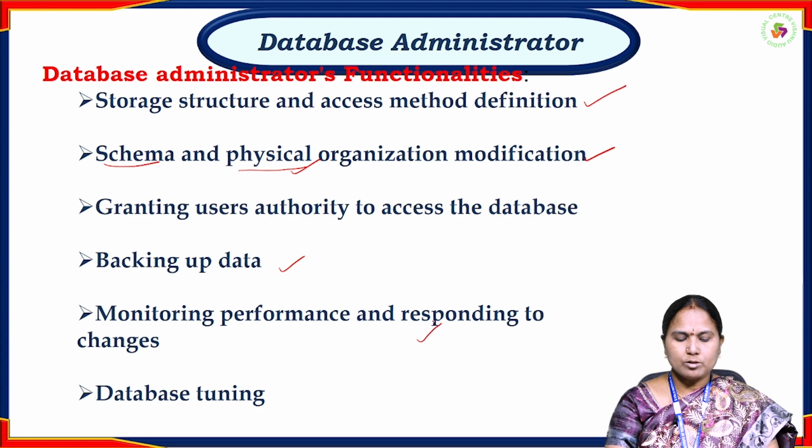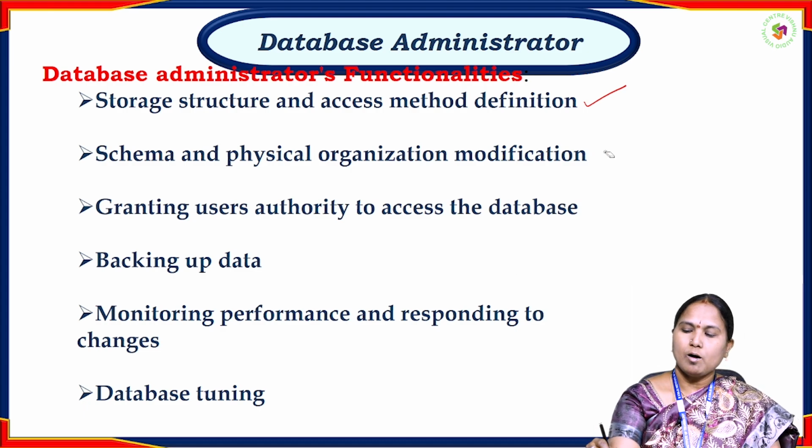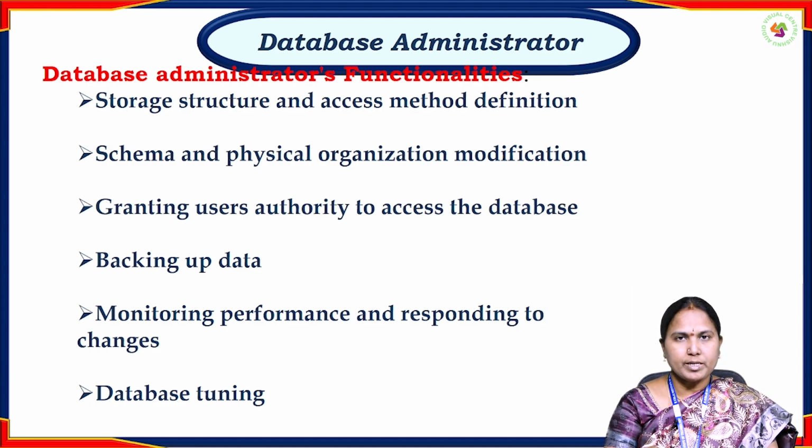Coming to the next one, monitoring performance and responding to changes. Monitoring performance is nothing but checking whether the internet speed is properly maintained or not, and whether all the memory slots are allocating perfectly or not. That monitoring can be done by the database administrator.